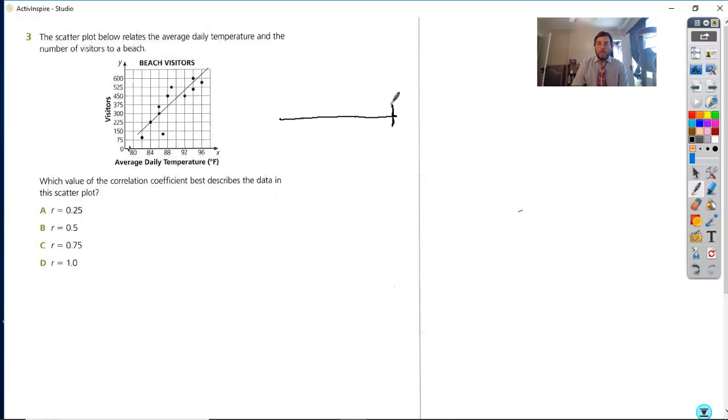If we're looking at just positive here, we have 0 and positive 1. Then we have 0.5, 0.75, and 0.25. If we're at 1, every single one of these points in the scatter plot is on our line. So it's not 1. If we're at 0.25, there's pretty much not a correlation.